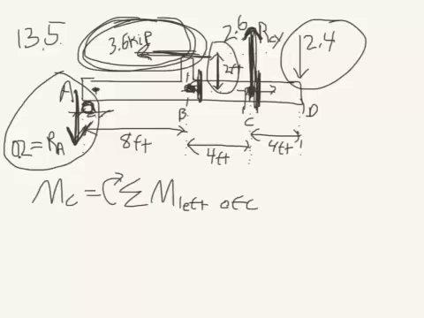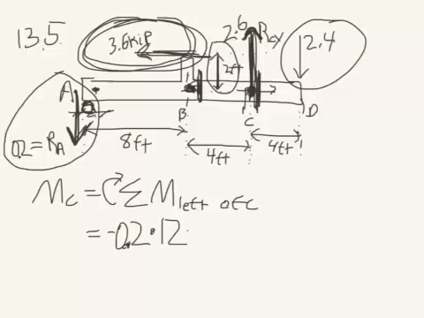So the moment from the 0.2 is now we're going to have that negative 0.2 force times the distance from C, which is now 12 feet.